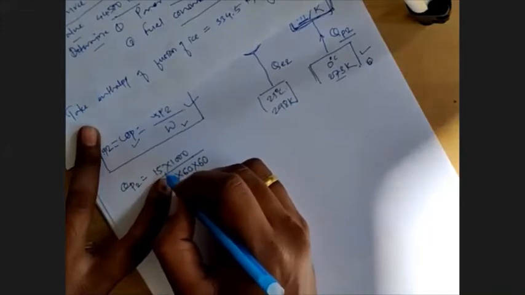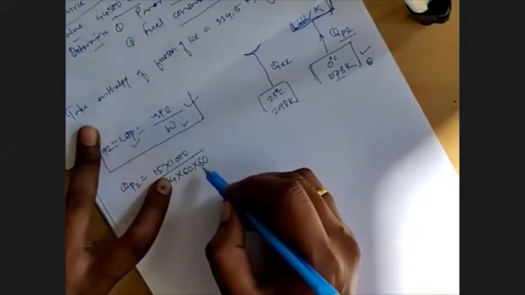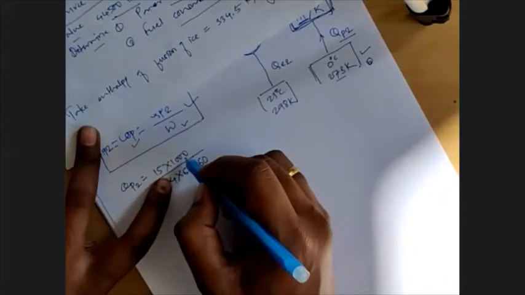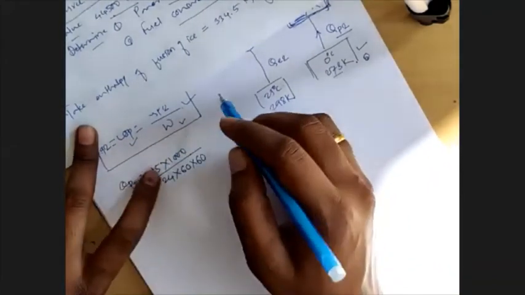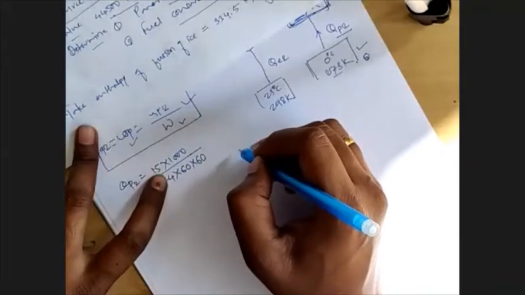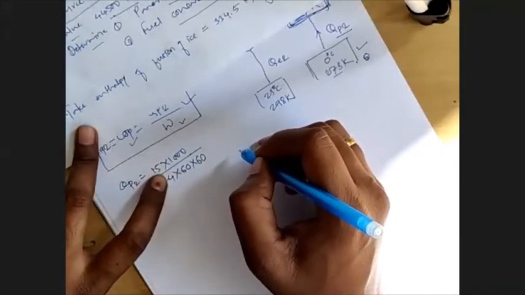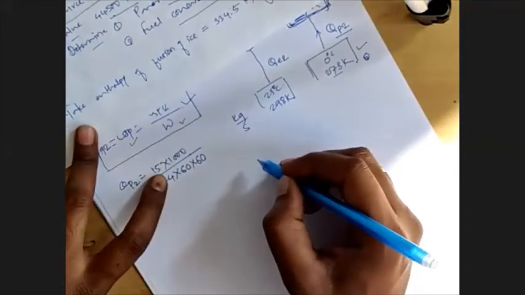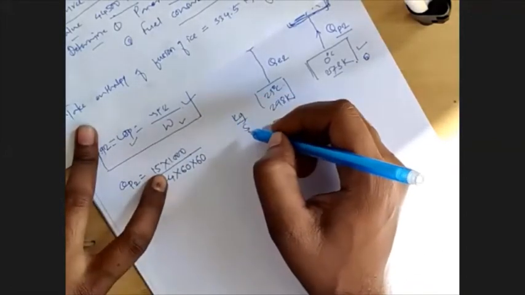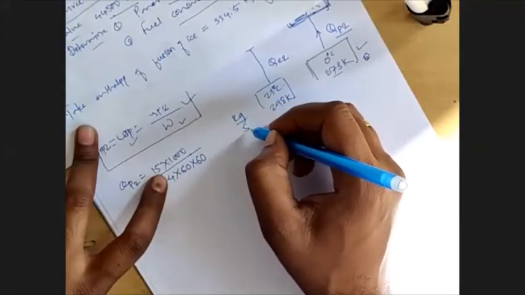Now we converted that into kg, so this whole thing will be in kg per second. So that is going to be the production rate. Initially it was tons per day, now it is kg per second.